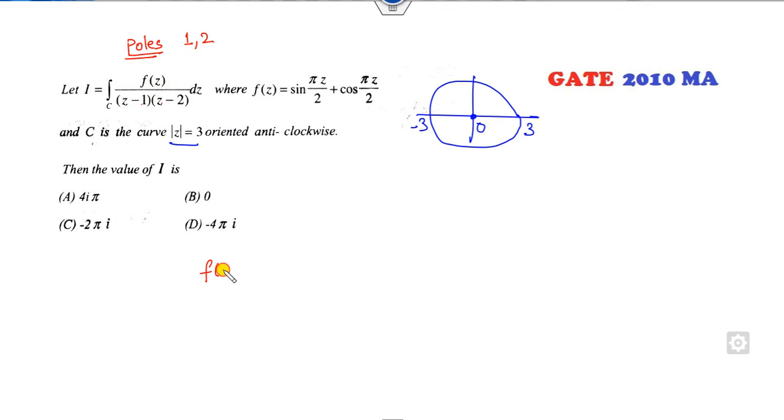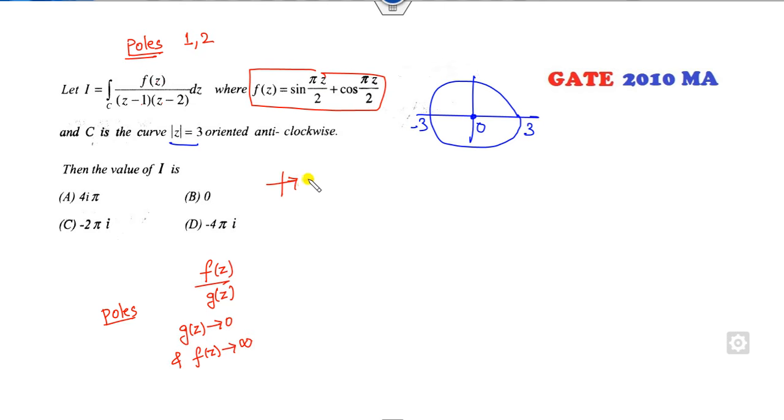Remember, whenever there is a function of f and g, what is the pole? Pole means whenever g of z goes to 0 and f of z goes to infinity. But here f of z is this, which never goes to infinity. So that means the pole is only from the denominator. 1 lies here, fine. 2 lies here, fine.